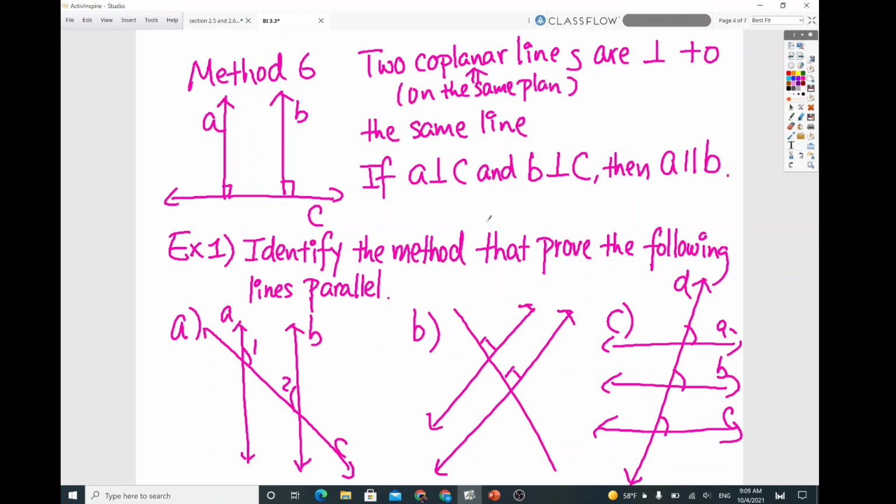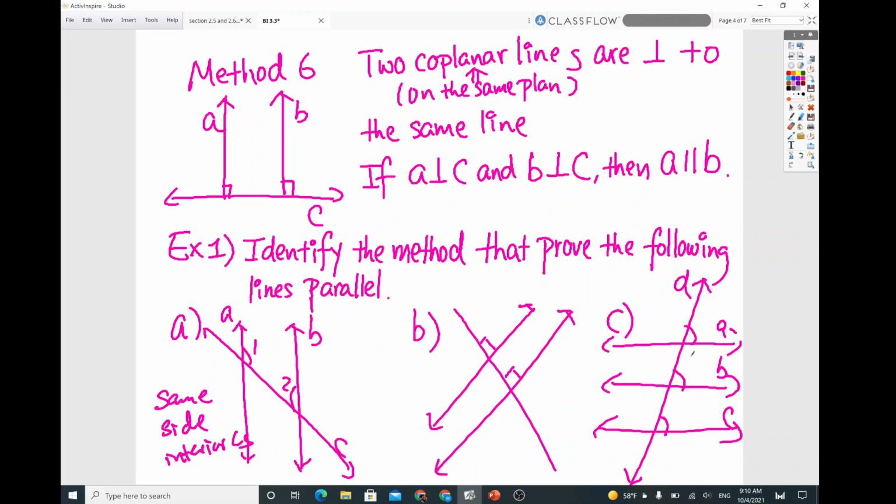Here is the example: identify the method that proves the following lines parallel. Obviously the first one would be same side interior angles. Using the converse of same side interior angles, we can show that line A is parallel to line B. For the other one, those two lines are perpendicular to the same line, so this is method 6, coplanar.